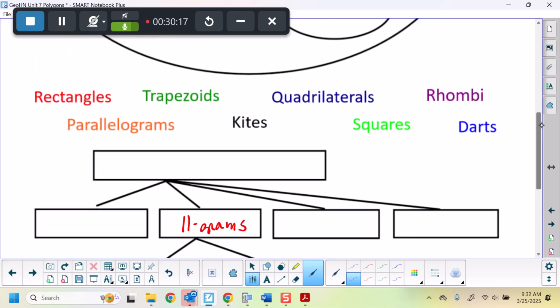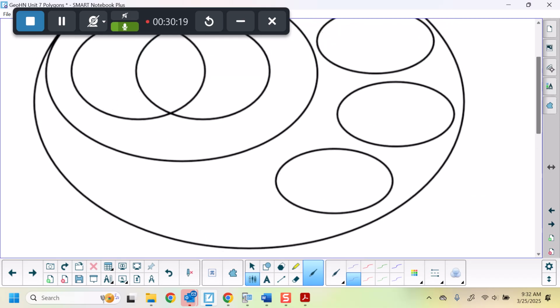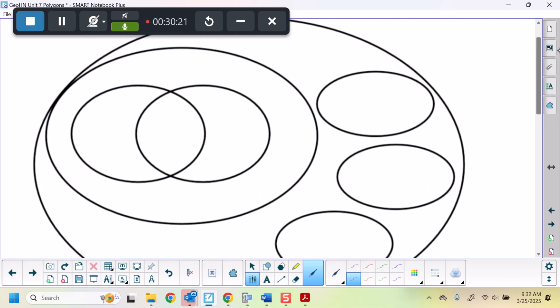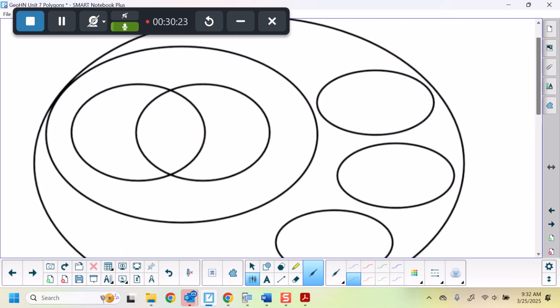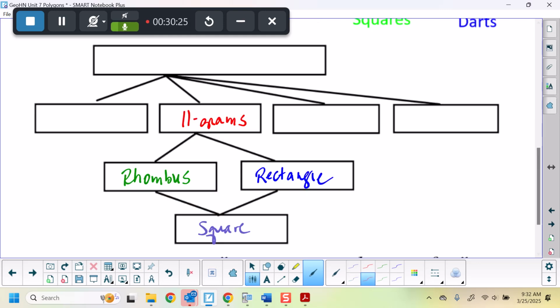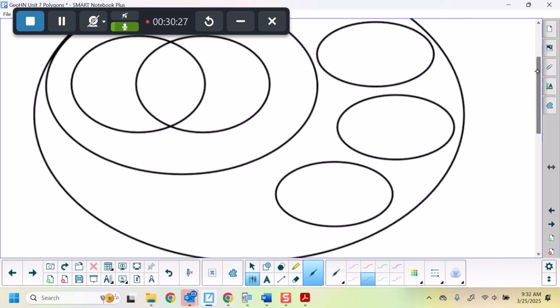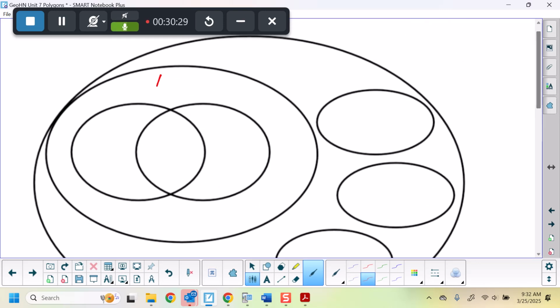If you look at the top of your page where you have this nested diagram, we understand that our parallelograms are going to be this subset of our quadrilaterals. We can talk about shapes that are equilateral and define them as rhombuses.